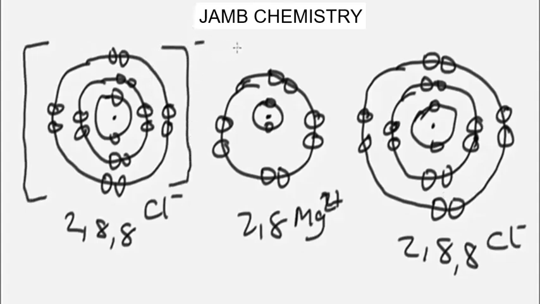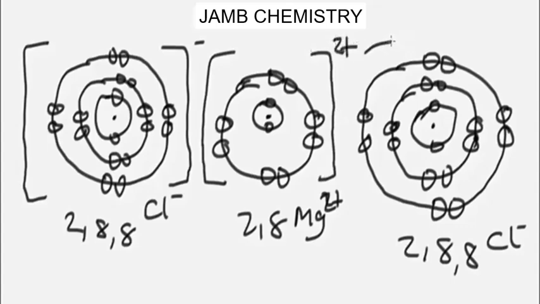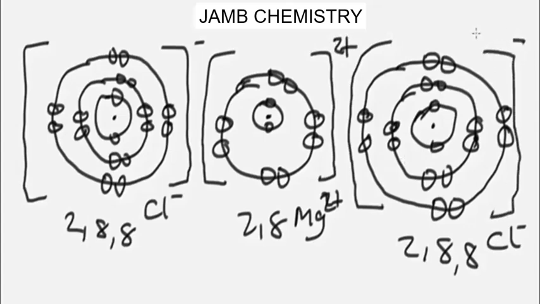The chlorine forms a single negative charge. The magnesium will form a double positive charge, 2+. This chlorine also forms a single negative charge. All right. So this is basically what will happen when the transfer of electrons between magnesium and chlorine happens. This is magnesium chloride.